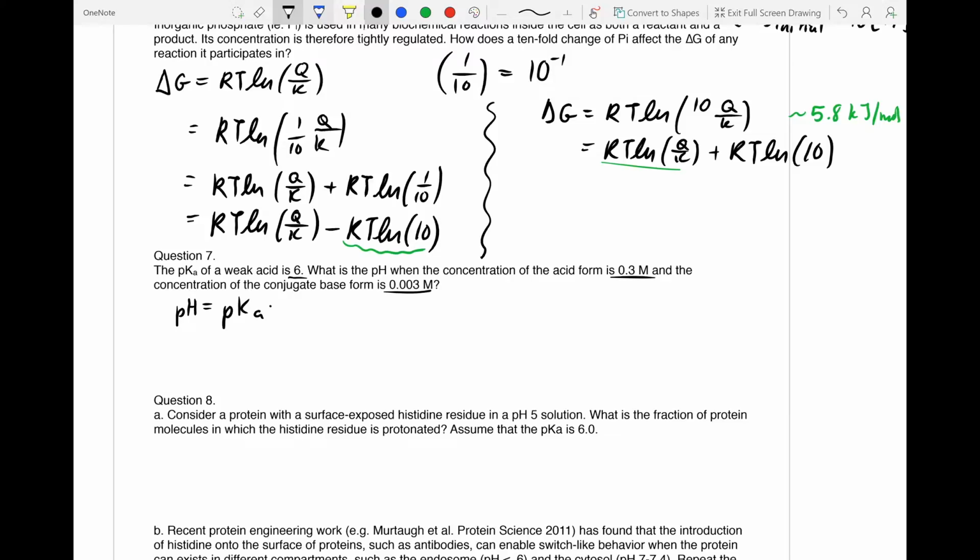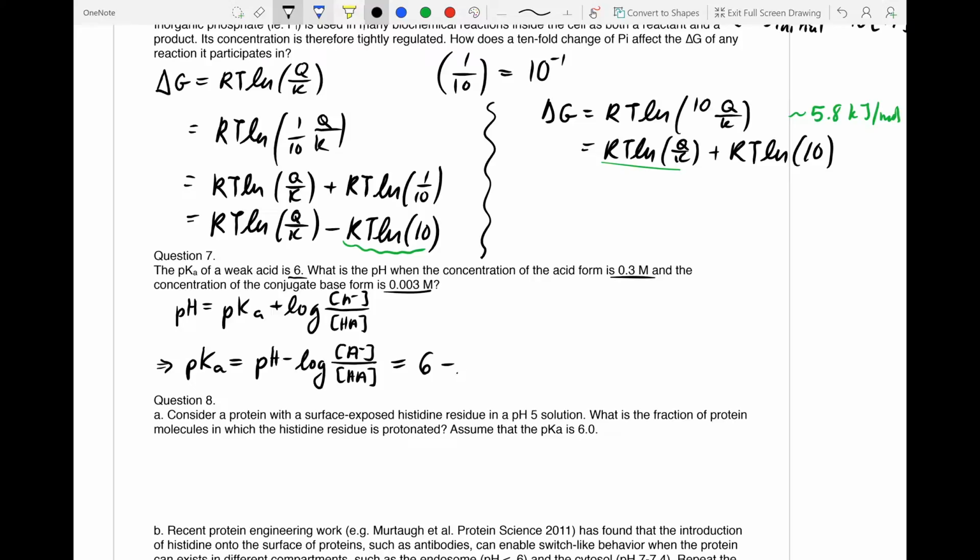Let's see. So this is the standard form. And we're just going to rearrange this, again like we did before, so that our pKa is on the left side. Okay, and then we're just going to plug in the values that we were given.